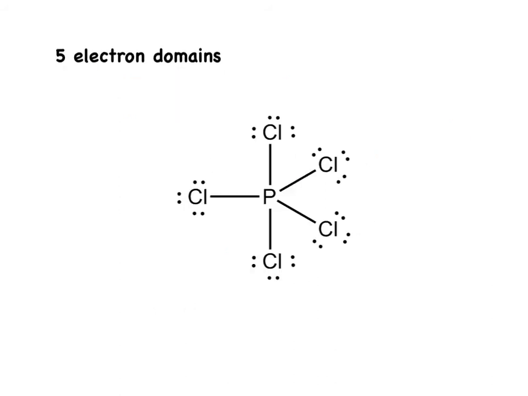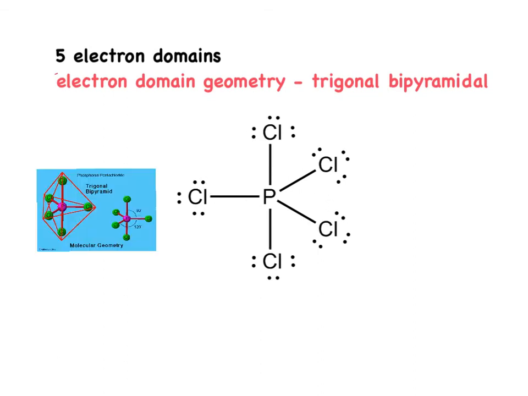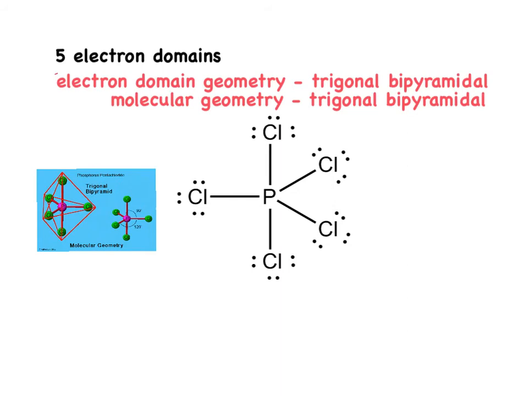Phosphorus pentachloride has 5 electron domains. We'd call that electron domain geometry trigonal bipyramidal. And since all 5 electron domains are bonded, we have no unshared pairs on the central atom, then our molecular geometry is also trigonal bipyramidal.